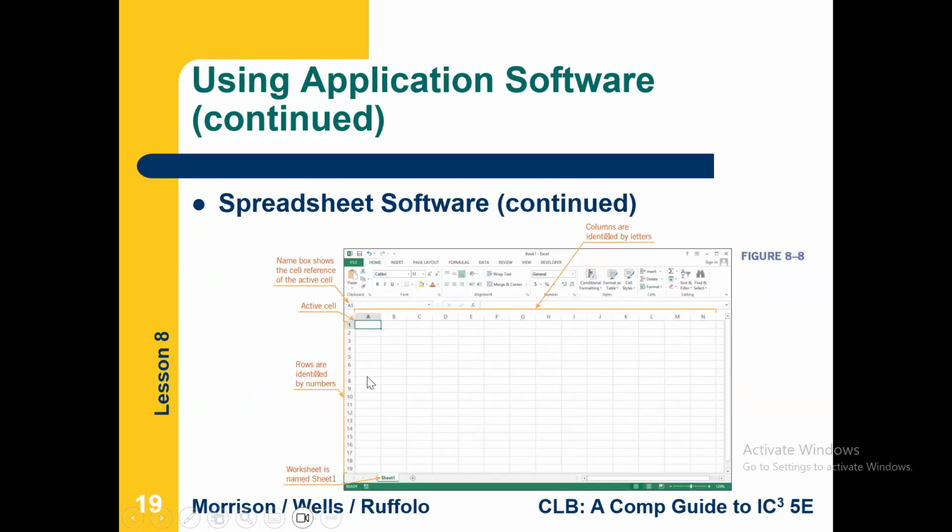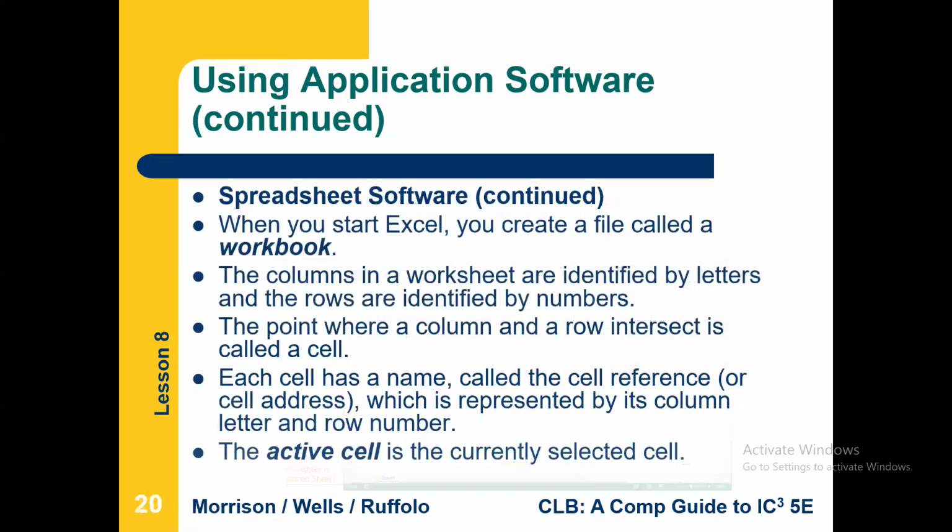So you use the column and then the row. So this one will be known as A1. And then this one will be known as B1. This will be C1. Then if you come down here, it will be A2, B2, C2 in that order. So that is how you name your cells.